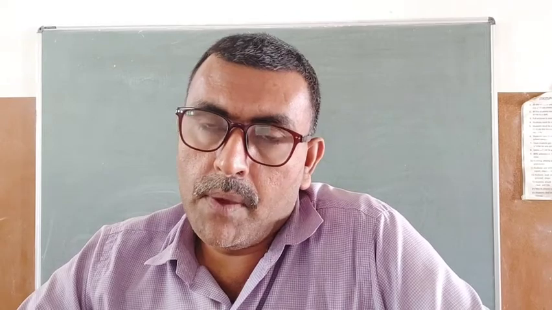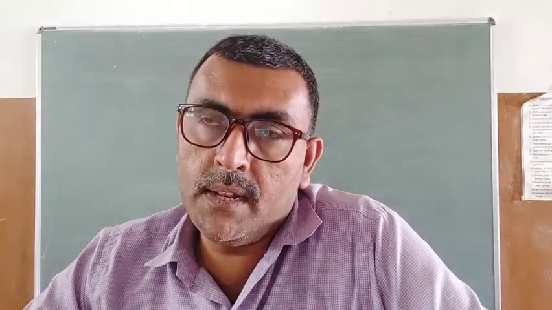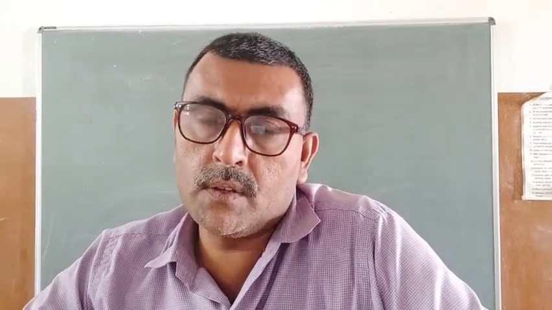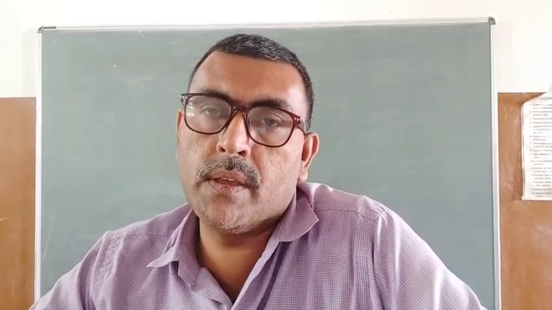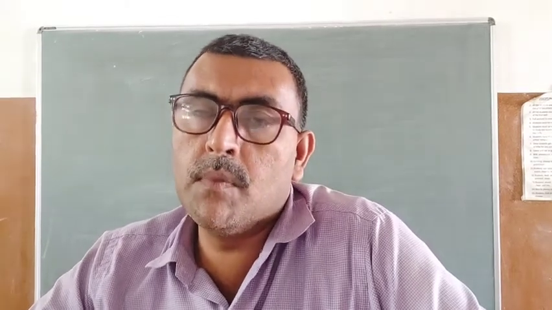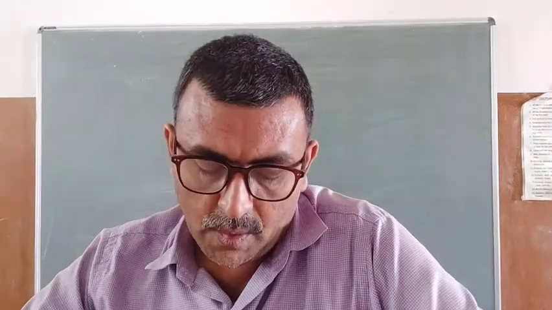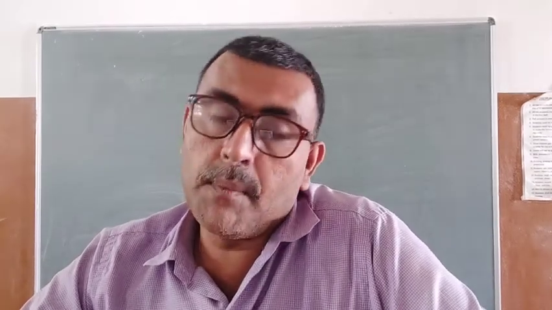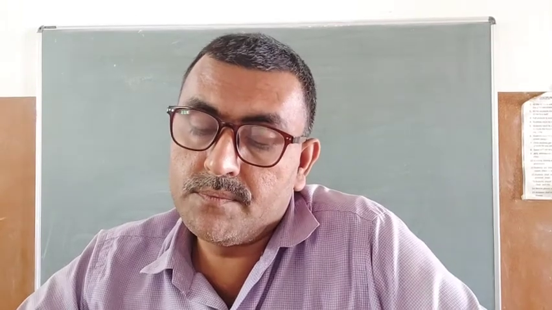We can see on every map, below the map, the scale is written. 1 centimeter is to 5 kilometer, otherwise 2 centimeter is to 5 kilometer, otherwise 5 centimeter is equal to 50 kilometer. Like that, it is written below the map. In the statement 2 centimeter is equal to 5 kilometer, 2 centimeter is the map distance and 5 kilometer is the ground distance.